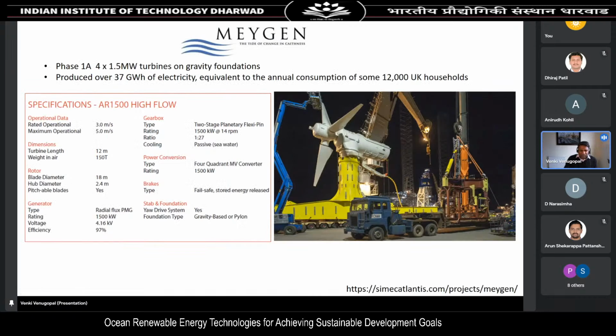There is some more information, and considering the time, I'm not going to read this out to you, but I want you to see this is developed for a 1.5 megawatt capacity, and it can operate between 3 meters per second to 5 meters per second current speed. This was developed by a company called Magen. This is the one I mentioned. This is still in operation in the UK, producing electricity to homes.